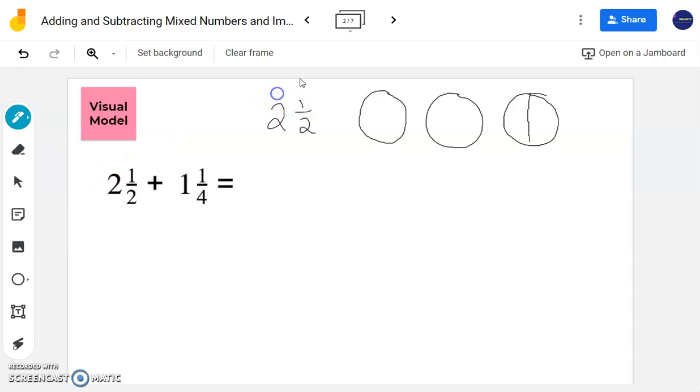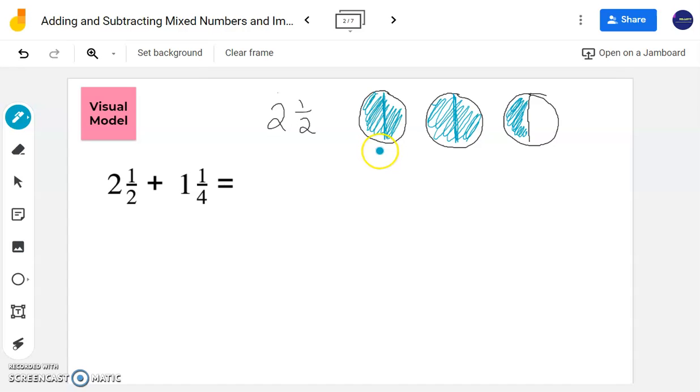I'm going to shade in 2 1/2 using blue. So here I have one whole, two wholes, and my third one is not fully shaded in, just one piece of it is. And notice I'm going to actually break each of these circles into two equal pieces. Now this visual here shows you that this is what 2 1/2 represents.